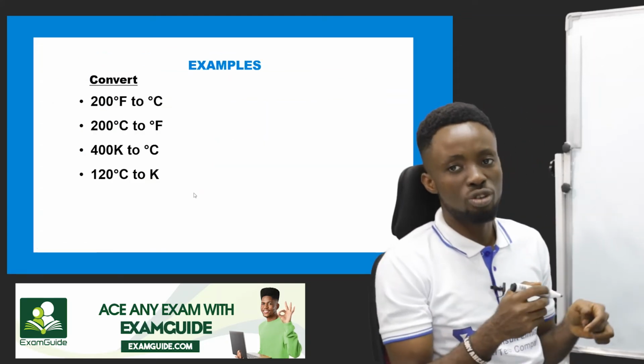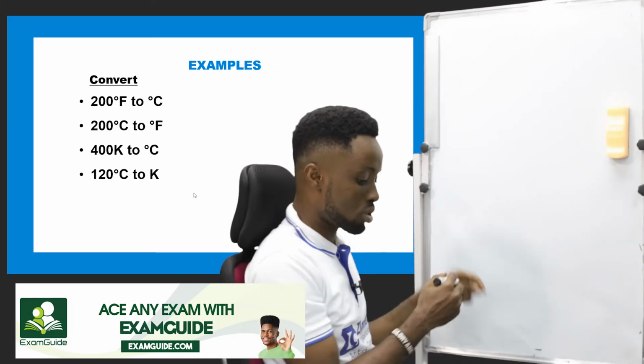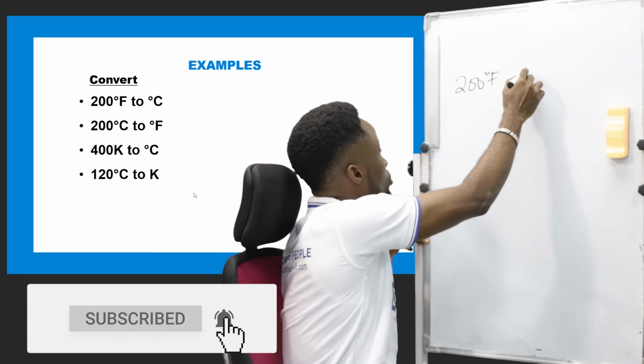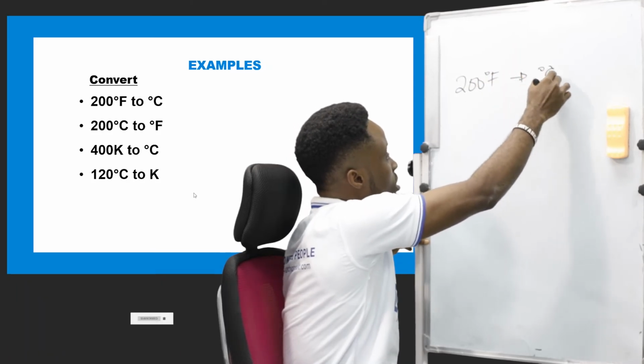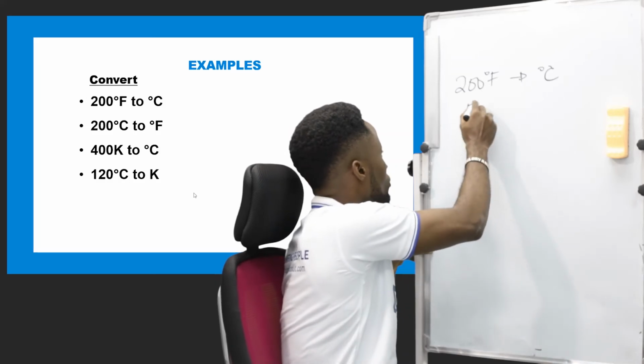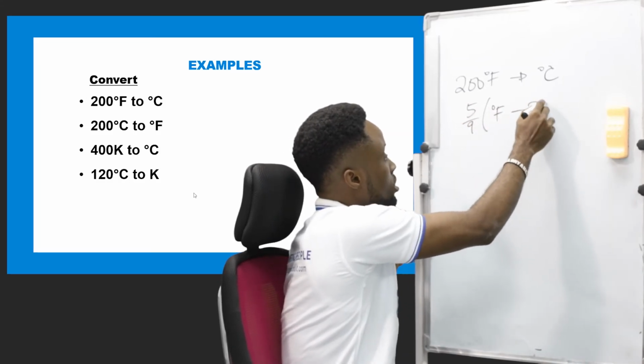Now the first one says convert 200 degrees Fahrenheit to Celsius. So we make use of the formula 5/9 times degree Fahrenheit minus 32.